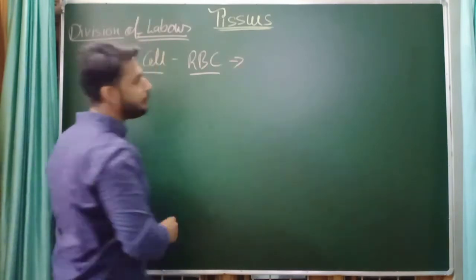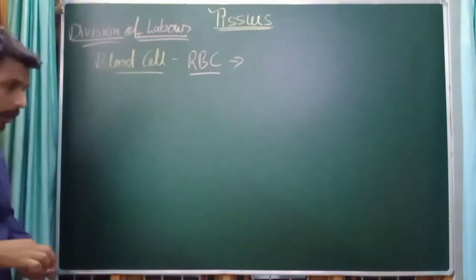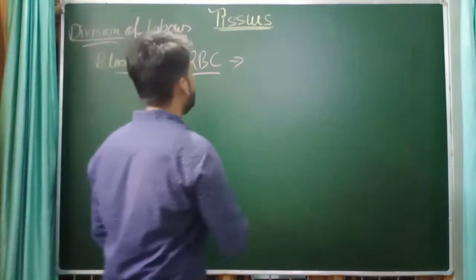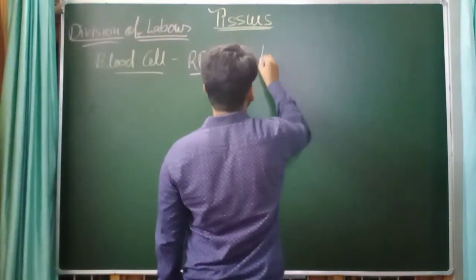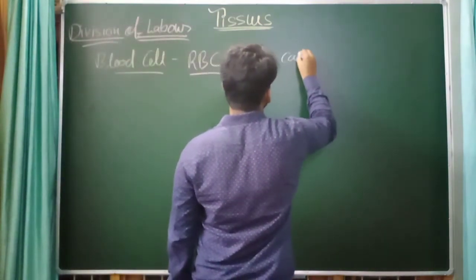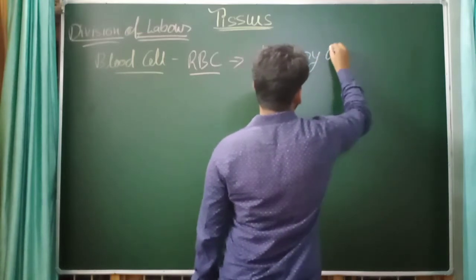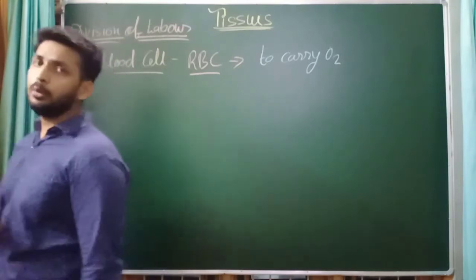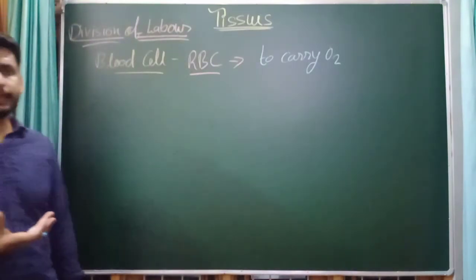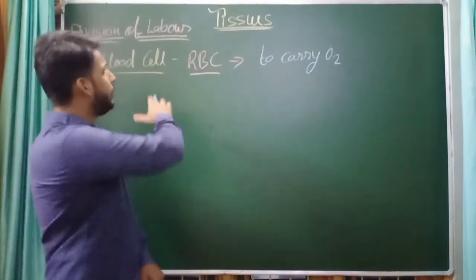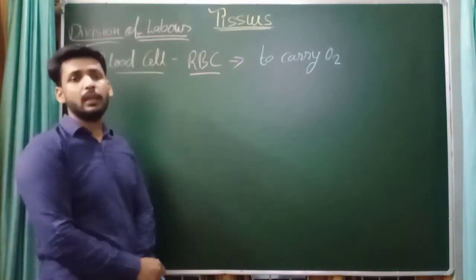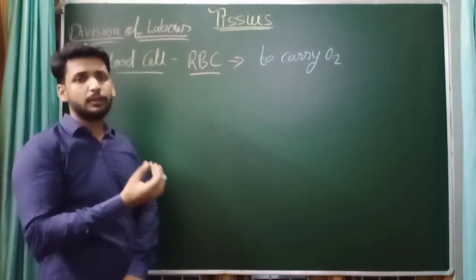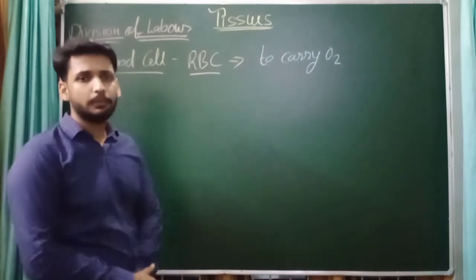What is the function of RBCs? The function of RBCs is to carry oxygen to different cells of the body.